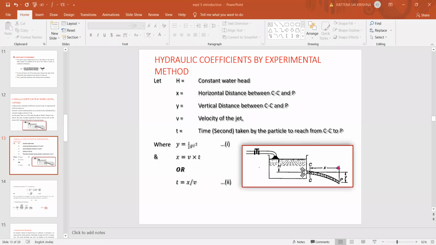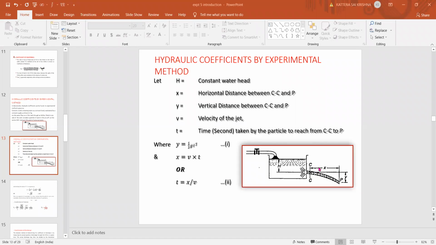Here X and Y are the distances of a certain point. We are considering a point here. From the vena contracta, the horizontal distance to this point is taken as X length, and in the vertical direction it is taken as Y. And remember, this vena contracta will always be very close to your orifice.